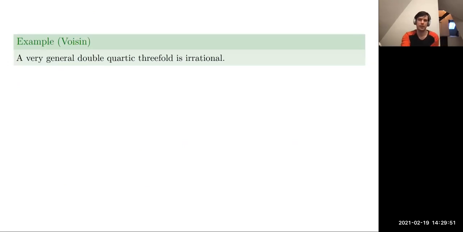Maybe I'll go through this quickly, but there's a very quick application here. It's due to Claire-Bassin. If you look at a very general quartic double solid, this is stably rational. These are threefolds that are obtained by double covers of P3 branched along a quartic surface.